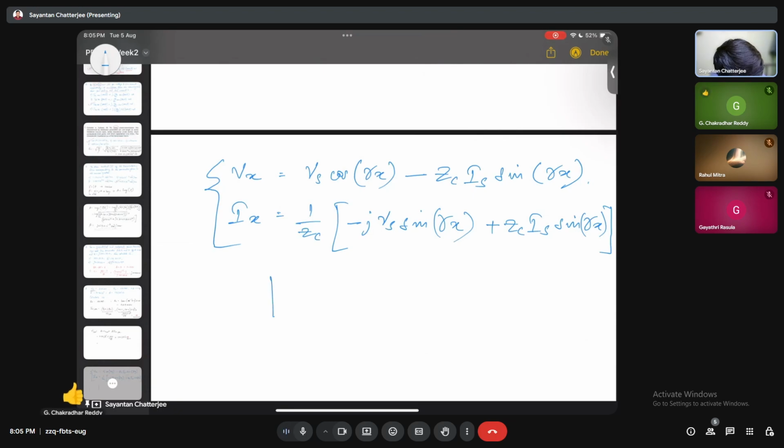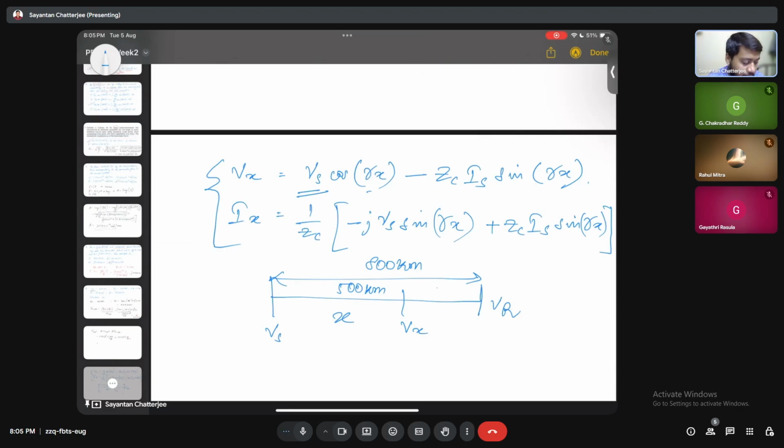So if some numerical is given where Vs is given, this is Vs, this is Vr, and somewhere it is Vx. If Vx is at x distance, and if this value is 800 kilometers and this value is 500 kilometers, this will be 300 kilometers, so you can easily calculate this gamma value.